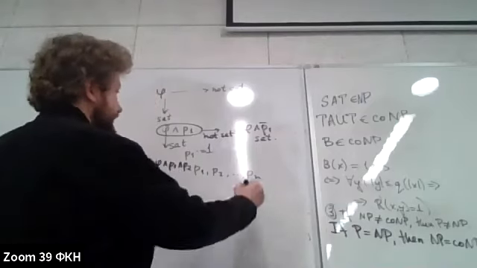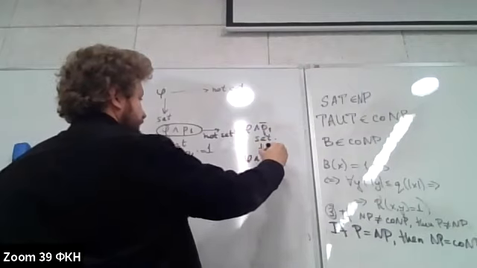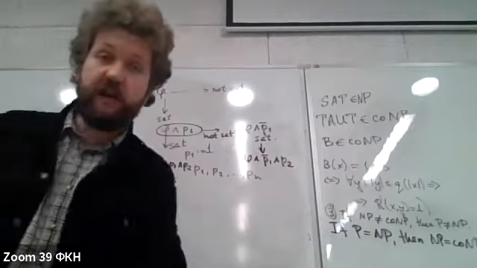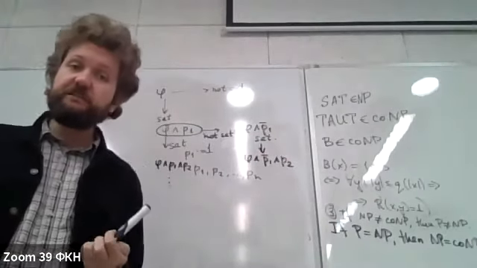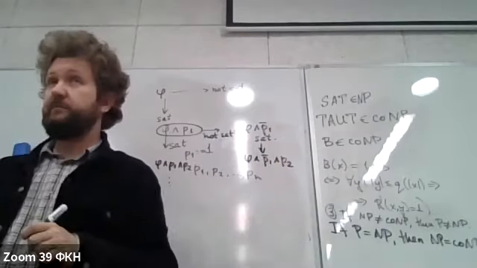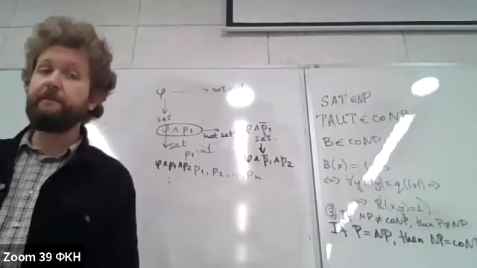Now again, we try phi and not P1 and P2. If it is satisfiable, okay, then P1 is false, P2 is true. If it is not satisfiable, then we have to put the negation of P2. And at each step, we check satisfiability.